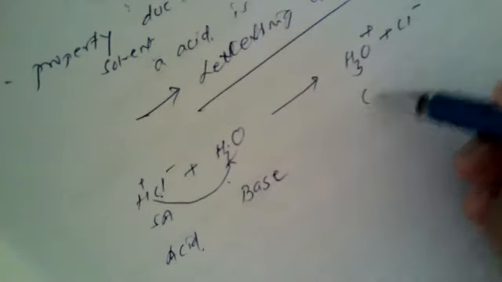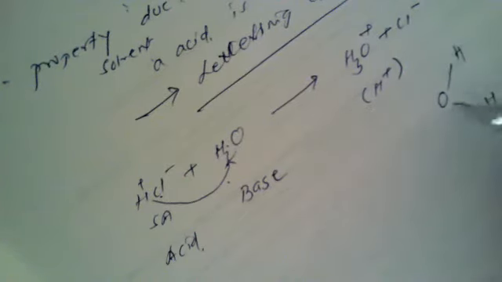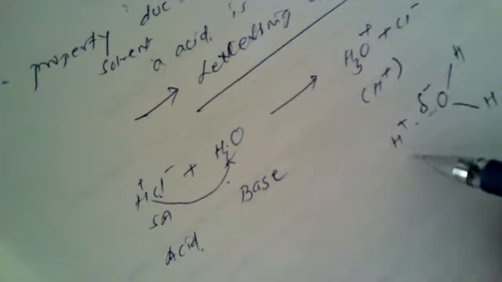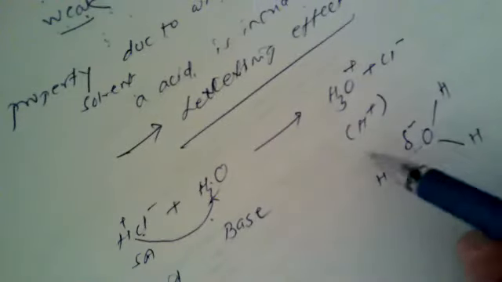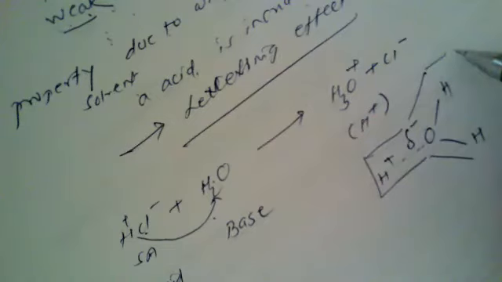So H3O plus can sometimes also be written with oxygen and two hydrogen atoms, and one more hydrogen is present that is positively charged. So this is known as a hydronium ion, H3O plus.